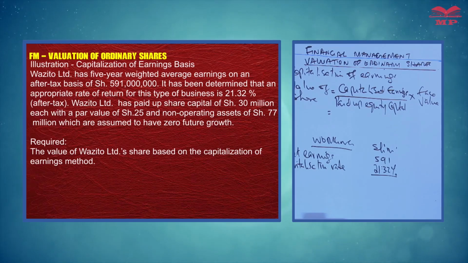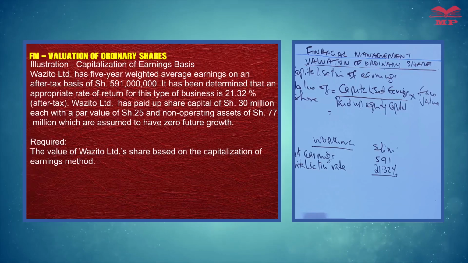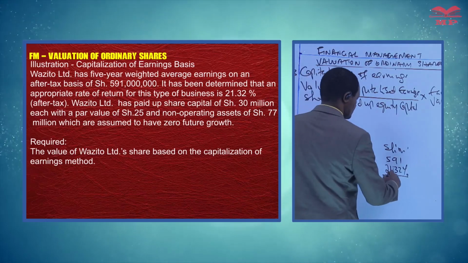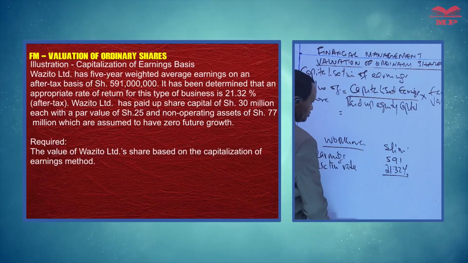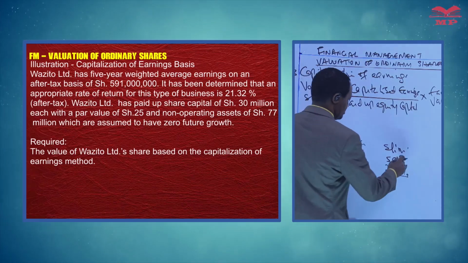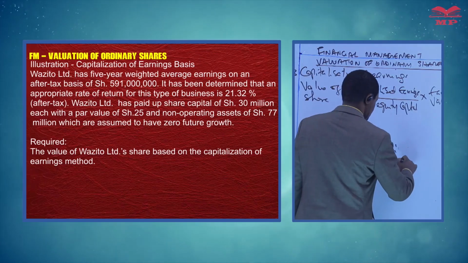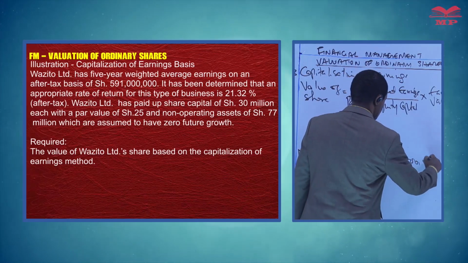Give me the amount, net earnings times capitalization rate. Let me just have this here so that we don't get confused with the decimals.